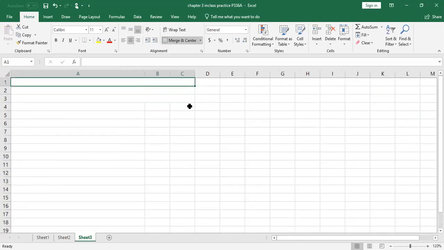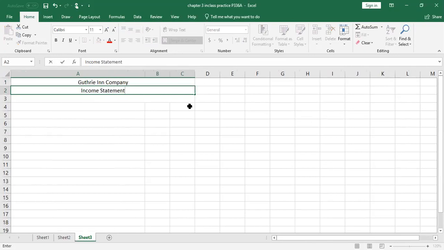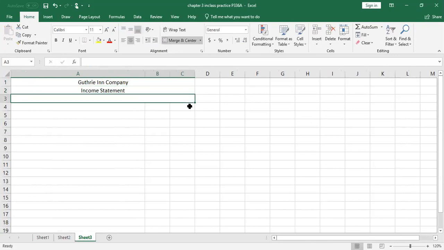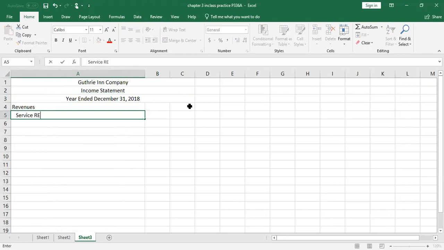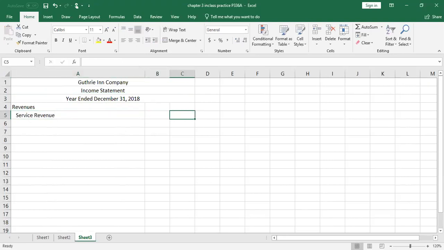You should have this done, but if you don't, Guthrie Inc. Company, income statement. If you put month ended, that's okay, but I'm going to assume this is for the year ended December 31st, 2018.